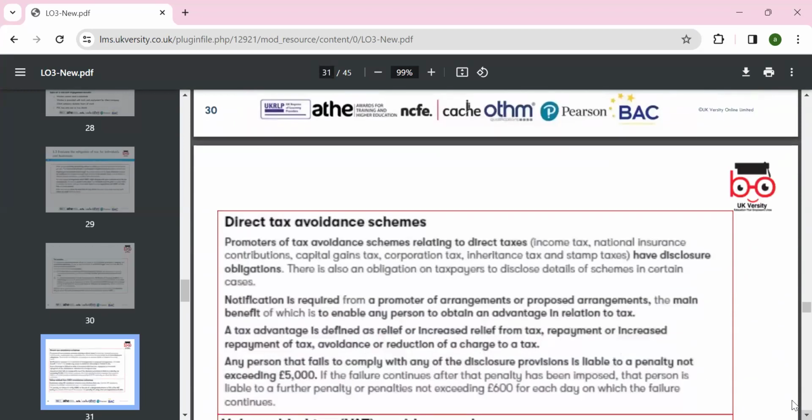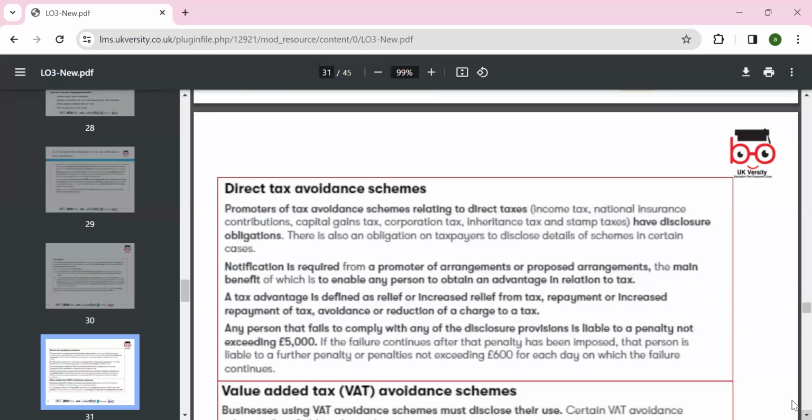A direct tax avoidance scheme, a promoted tax avoidance scheme, is related to direct taxes: income tax and national insurance contributions, capital gains tax, corporation tax, inheritance tax, and stamp taxes. We have obligations of disclosure, and there is also an obligation on the taxpayer to disclose details of the scheme in certain cases.